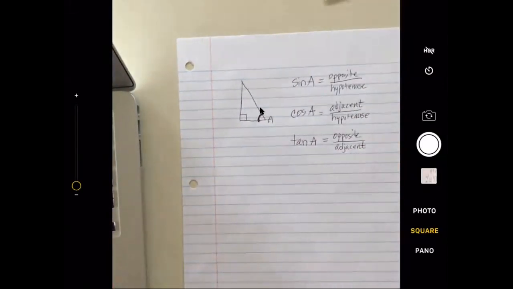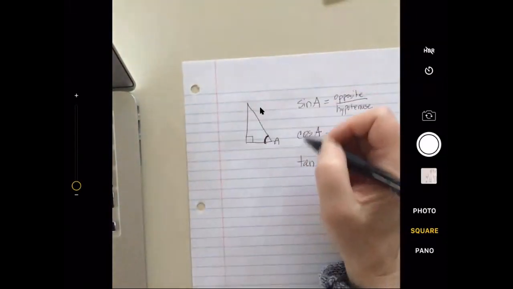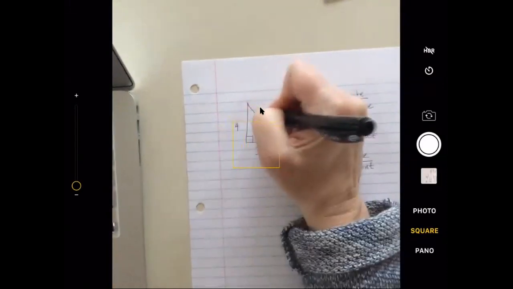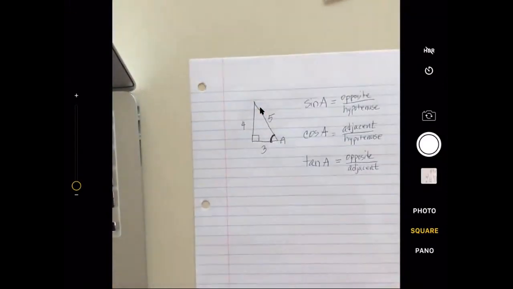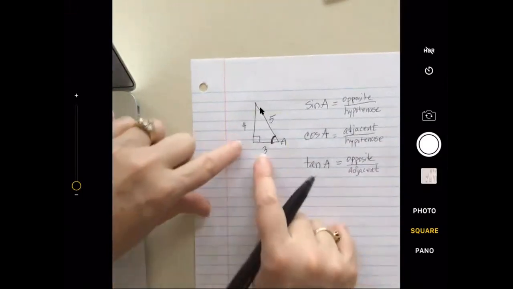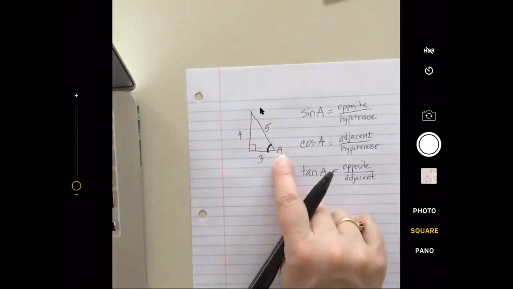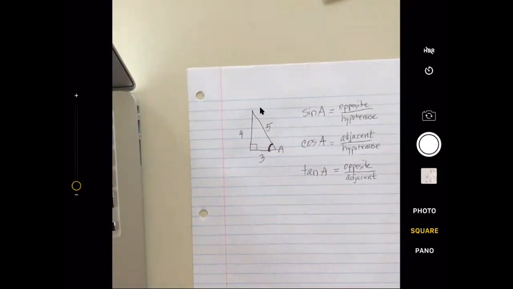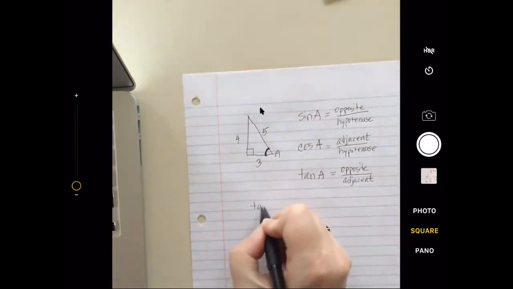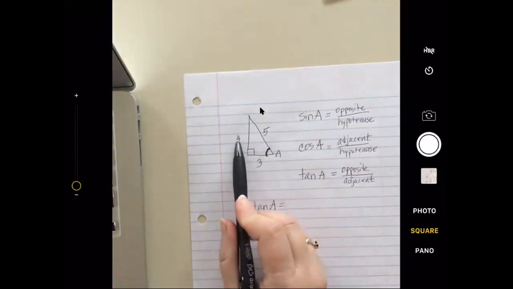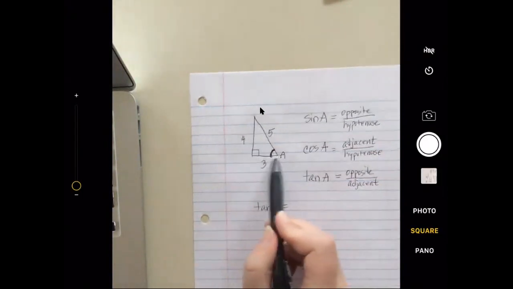If I have some numbers here, I keep going to 3, 4, 5 because that's a pretty common one that works out to be a true right triangle. The two legs are 3 and 4 and the hypotenuse is 5, and if this is angle A, the tangent of angle A is the opposite leg over the adjacent leg: the one across from it, 4, over the one touching it, 3.